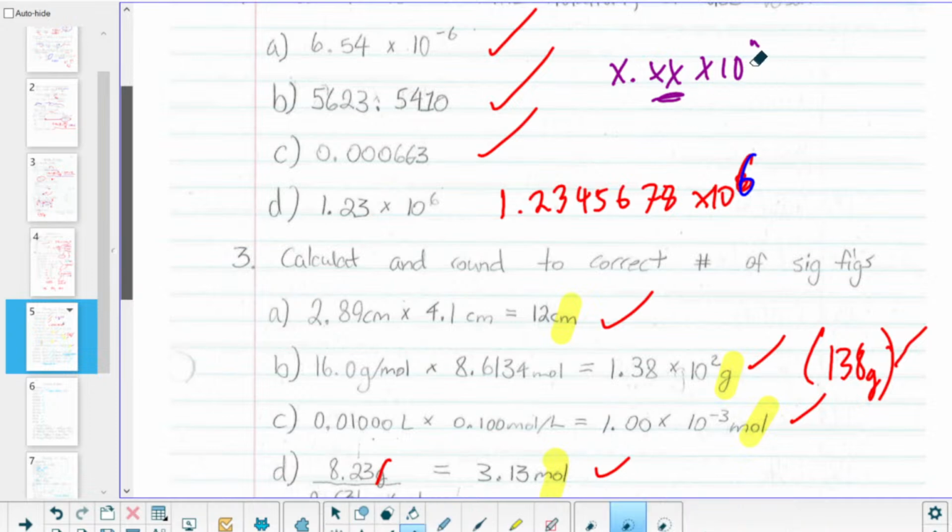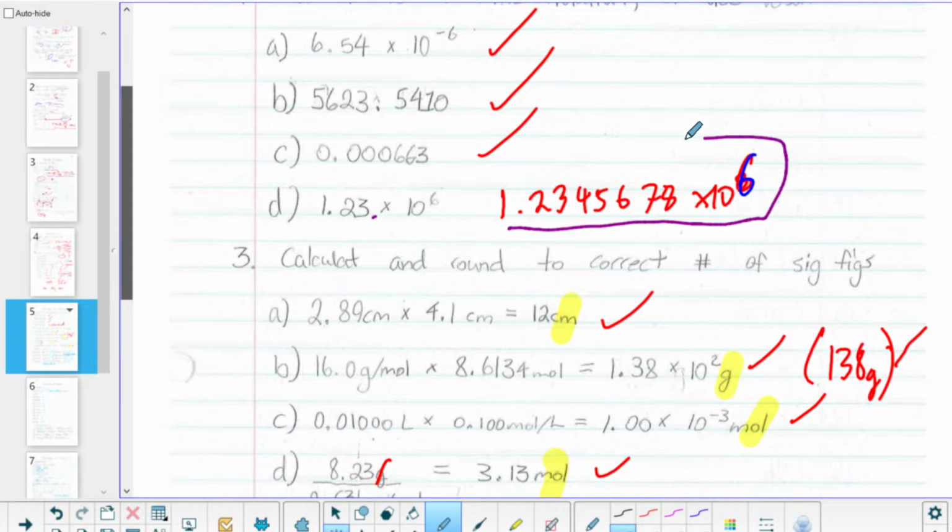But more than one person had that error, so it must be a thing that crops up somewhere. If you're given a number, you can't cut off the number. You have to include the whole number. So the answer to D is 1.2345678 times 10 to the 6. That got erased.